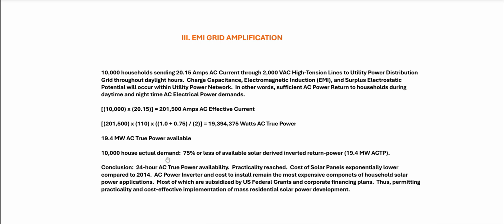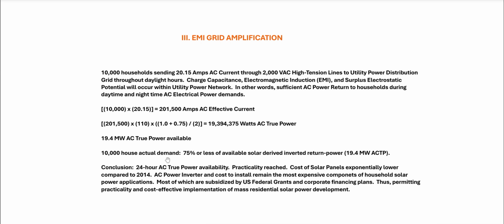So this actually now becomes so practical and cost effective. Instead of each house having its own little solar power, which would only be good for supplemental power, you might just get about 20 amps out of those solar panels in AC.